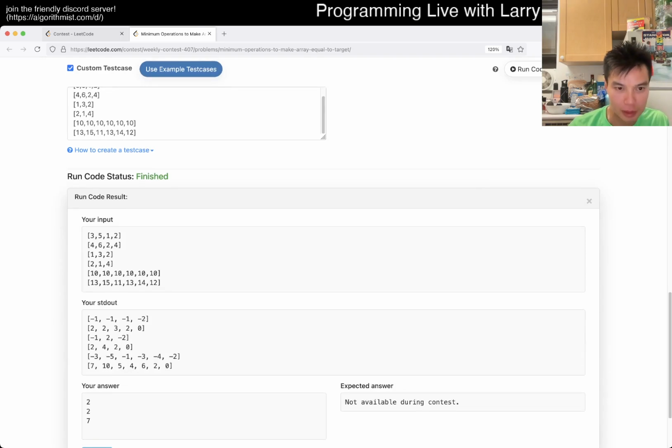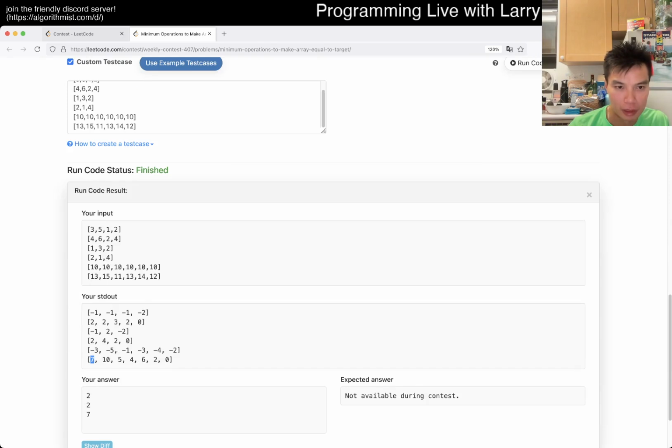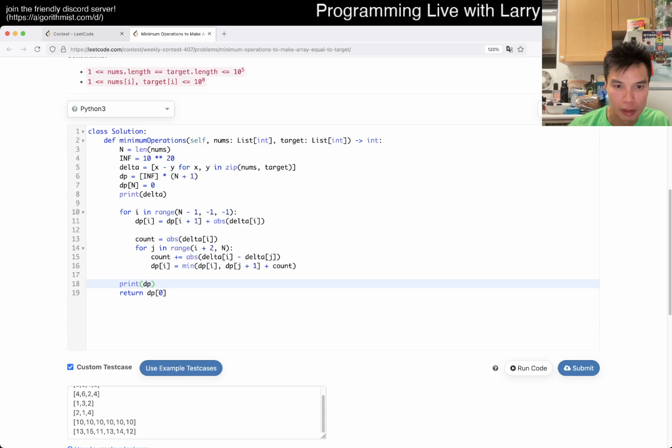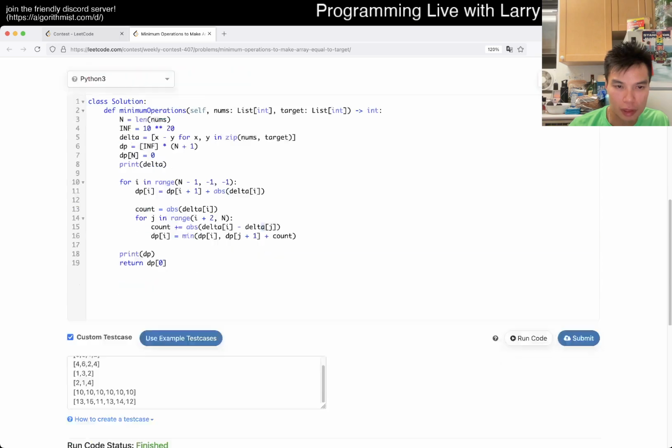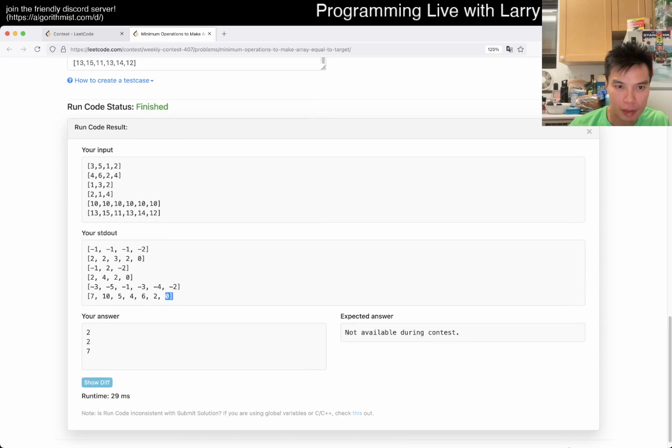Why is this 7 and not 9? Oh, no, this is right-ish. Okay, so 2 is right. This is not right. This is not 6. Well, so it sets -4, but so it's either... okay, so 6 maybe is... no, then you stop, right?